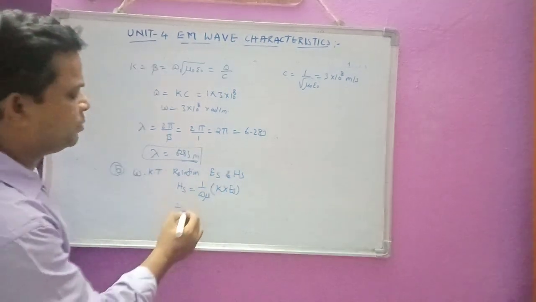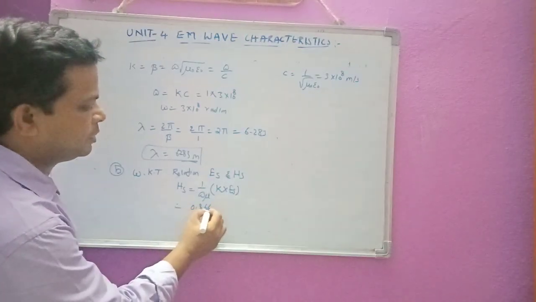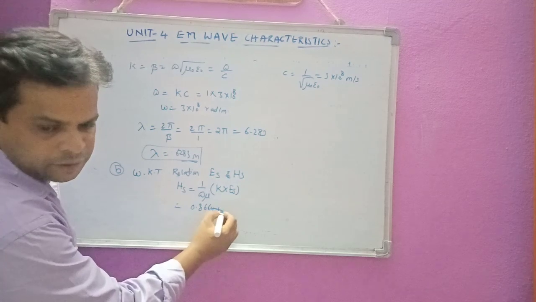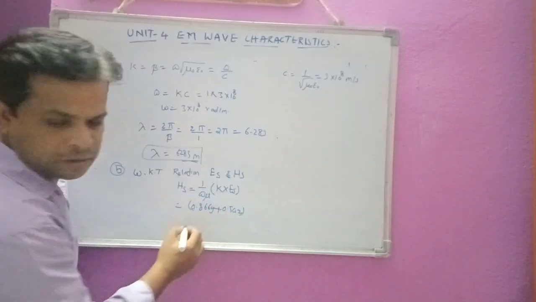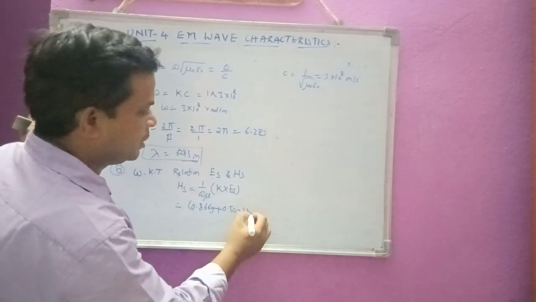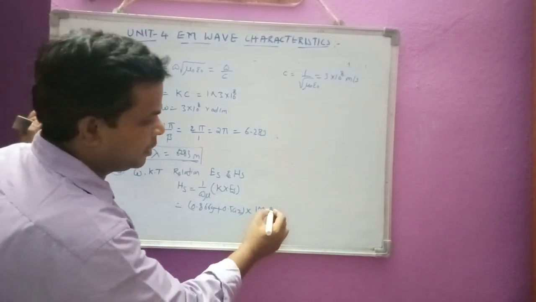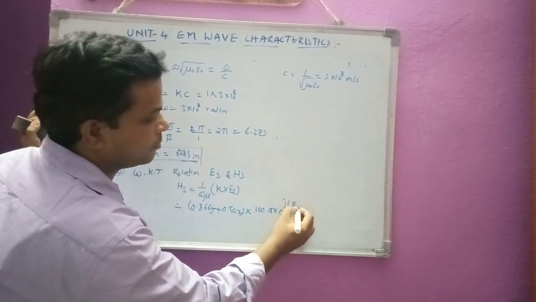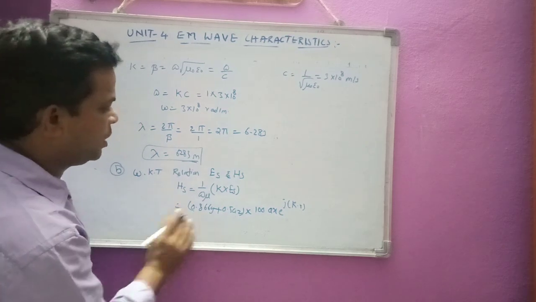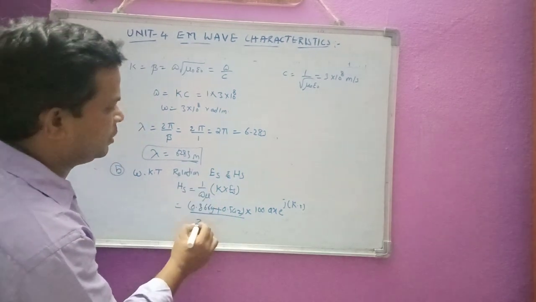The k vector has already been given in the question itself: 0.866 ay plus 0.5 az, into Es, which he has given as 100 into e power of minus j k dot r, and omega is 3 into 10 power of 8.